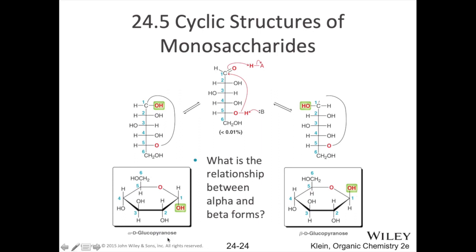Quick note here about the ring-closed names of our glucose rings once it forms that hemiacetal. Typically, depending on if you have a 5 or 6 membered ring, your suffix here will be either furanose or pyranose. The reason being that furan is a 5-membered heterocycle where you have an oxygen present.